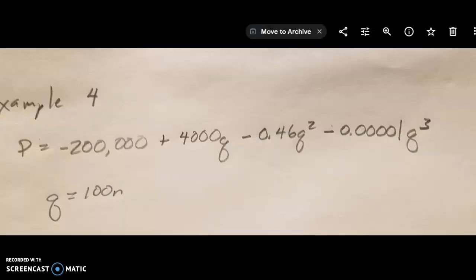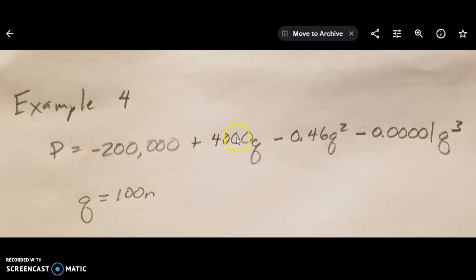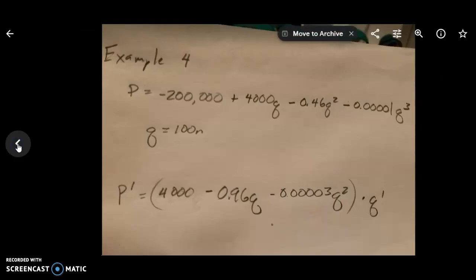Okay, last one, example 4 from your book. It's a big long one about profit. Depending on the number that you sell, and the number that you sell depends on the number who are actually working on the line. So we'll have a function that needs to tuck into the original function. So what I just did is say, alright, I'm going to take the derivative of p. And I know that q is a function, so I need to know, I got done, and then I said, alright, what is the derivative of q prime?